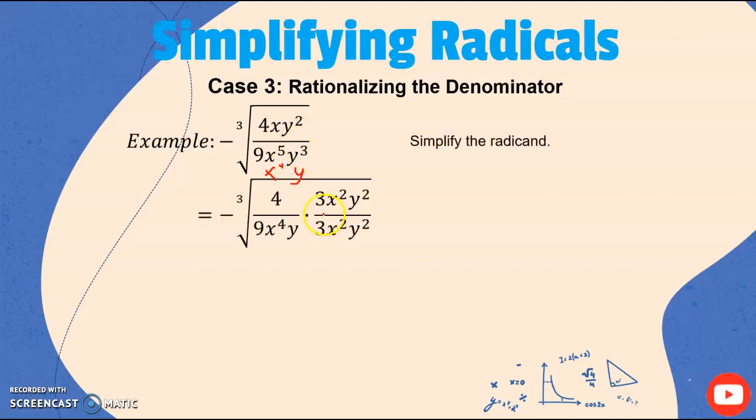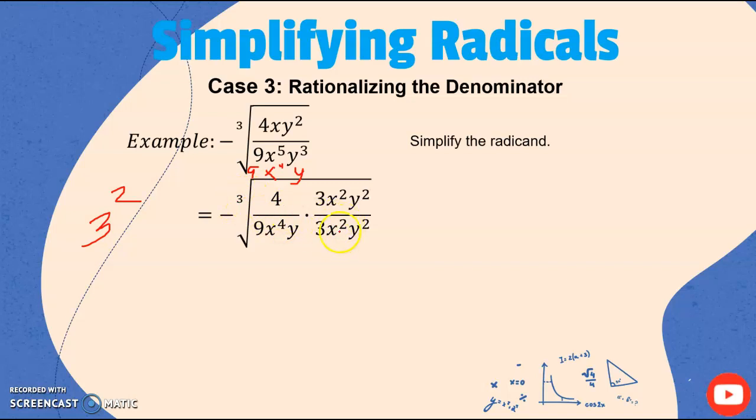Since it's subtraction. Then we have to consider what should be multiplied here. So 9, we can write it as 3 squared. Then x to the 4th, you can also simplify it, but it will take time. So why not multiply something to make the exponent divisible by 3?